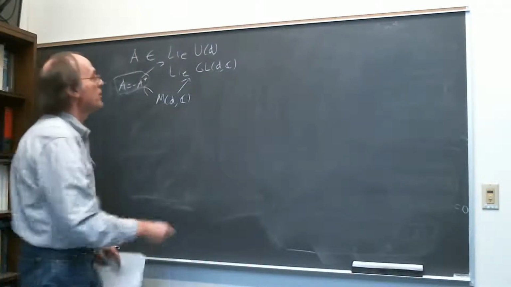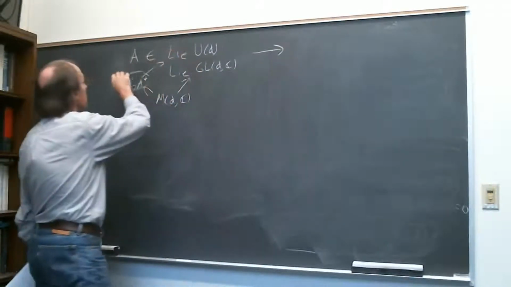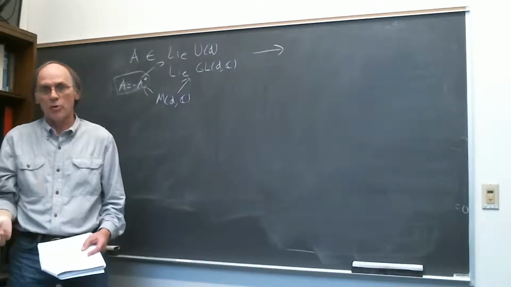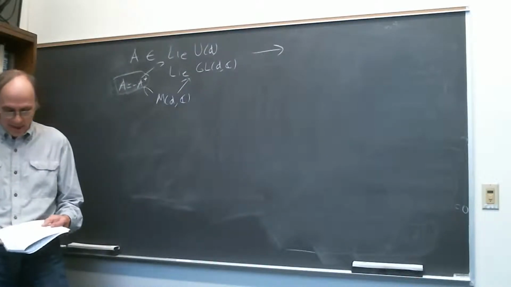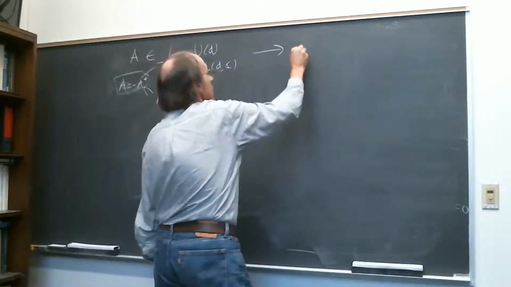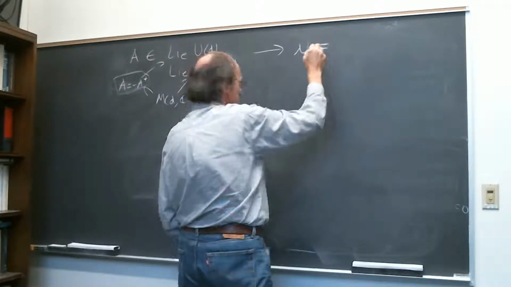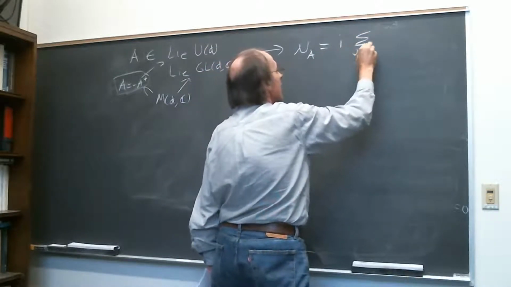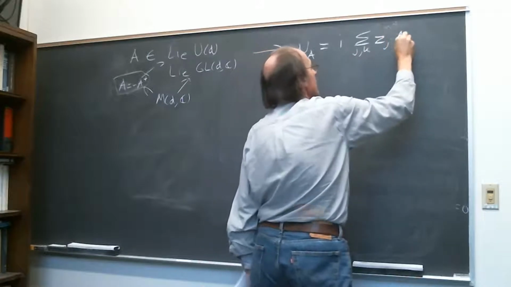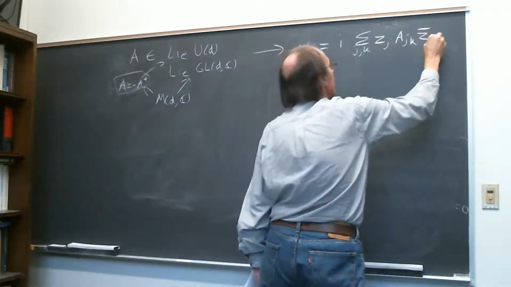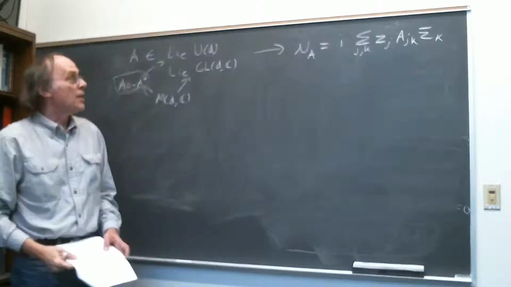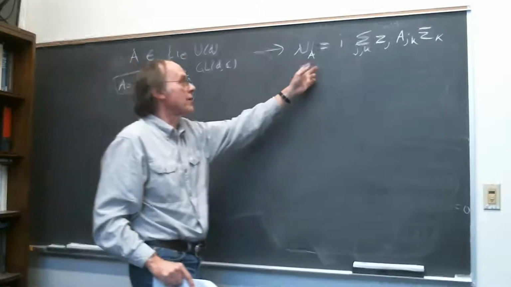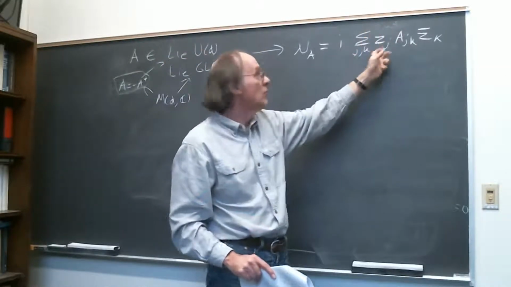So we want to know, given a matrix here, what's the quadratic polynomial that the moment map gives you? And the answer is just this: I sum over j, k of z_j, and so on. One thing I was doing in these other sections was showing that this is the correct moment map.